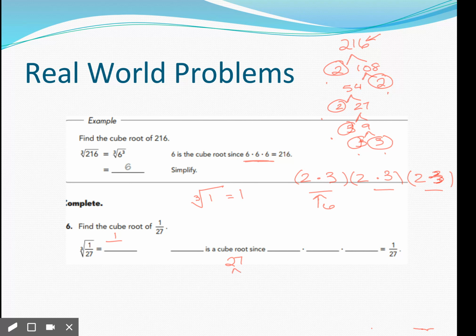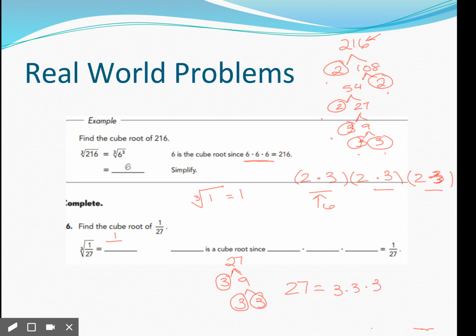Again, I'm going to break this down into prime factors if I don't know this by heart. I know that 27 is the same as 3 times 9. 3 is a prime number. I like to circle it so I know I'm done on that side. And 9 also breaks down into 3's. So 27 is equal to 3 times 3 times 3.